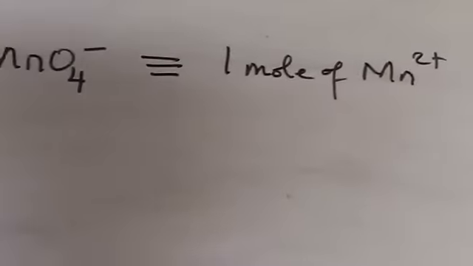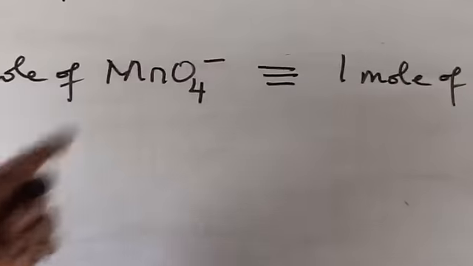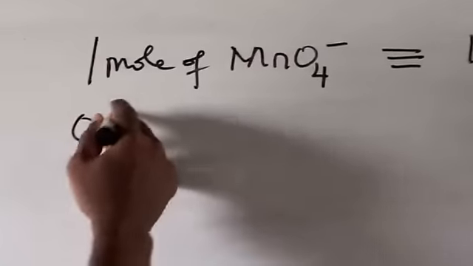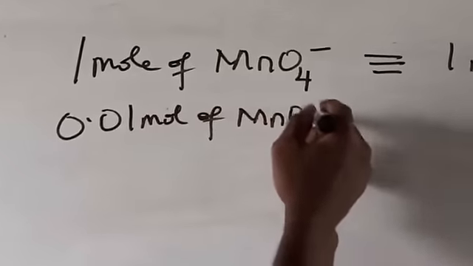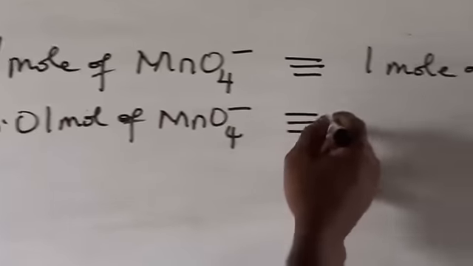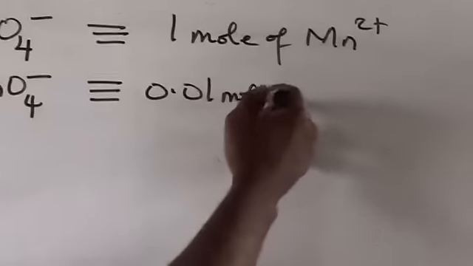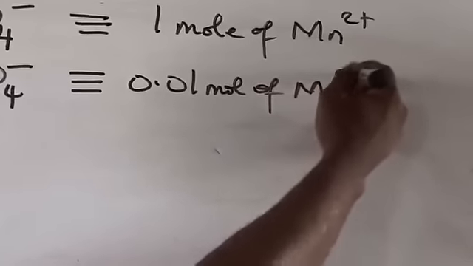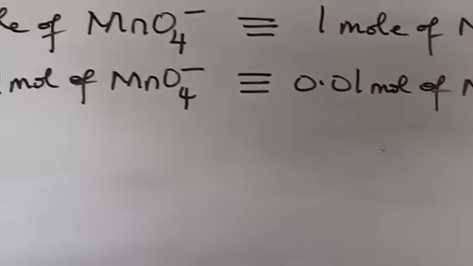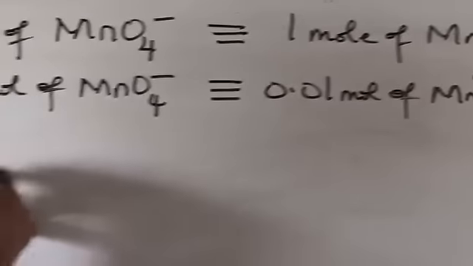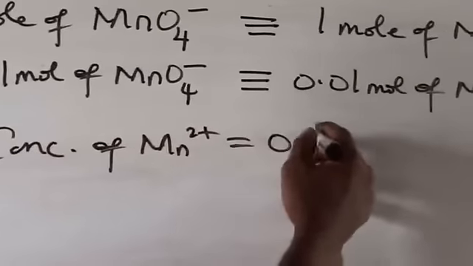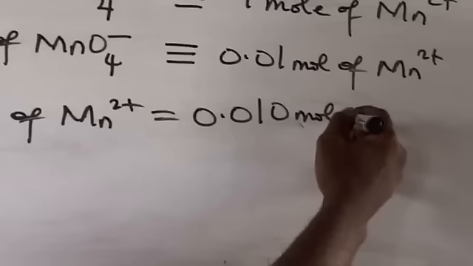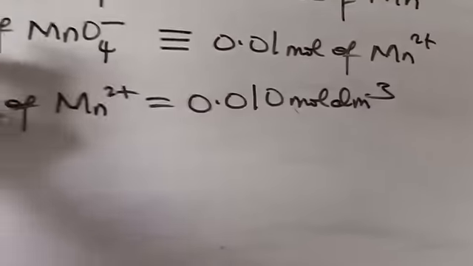Having done that, we now look at the concentration of this substance. The concentration is 0.01 mole per dm cube of manganese 7 ion. We also produce the same 0.01 mole of manganese 2 ion. The ratio is 1:1. So the concentration of manganese 2 ion is 0.010 mole per dm cube, because this is the number of moles in 1 dm cube.